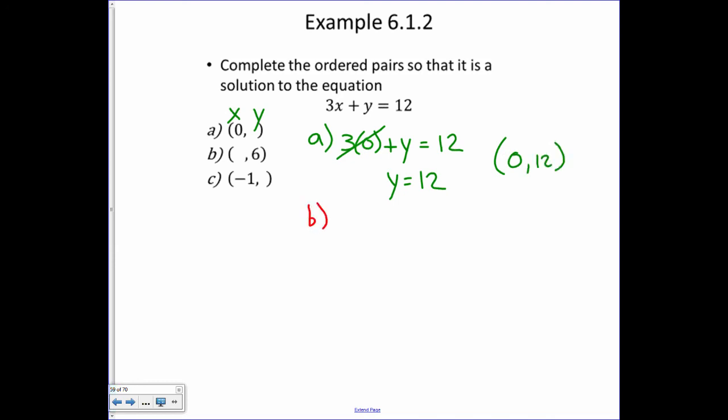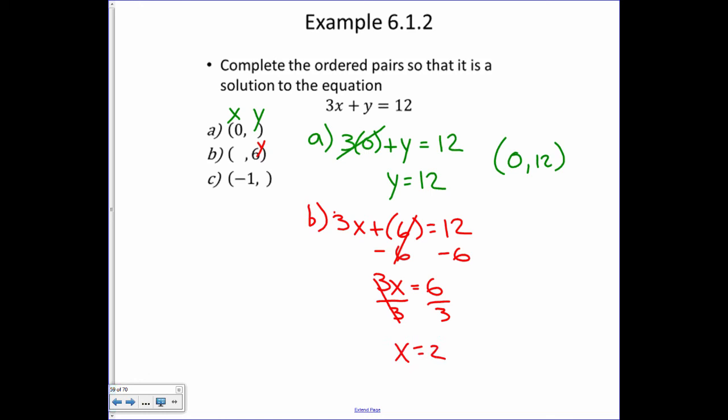For part B, we have 3x + y = 12, but now y is 6. And so we have 3x + 6 = 12. Subtract 6 from both sides, you get 3x = 6. We can then divide by 3, and we get x = 2. And so our ordered pair here would be (2, 6).